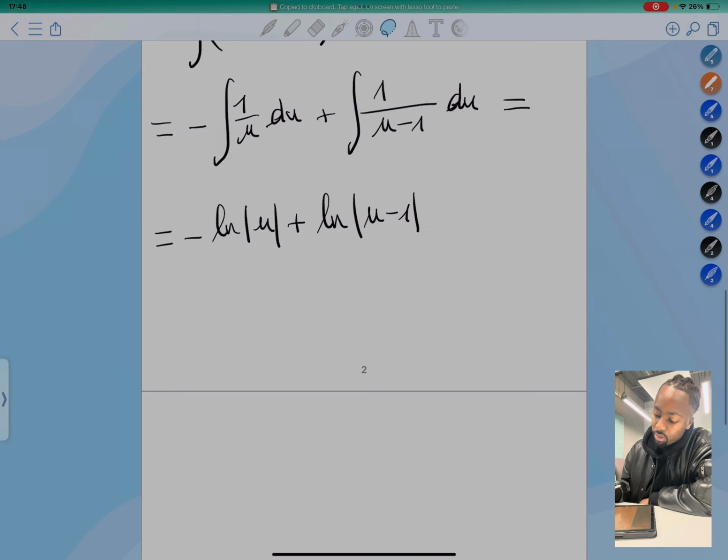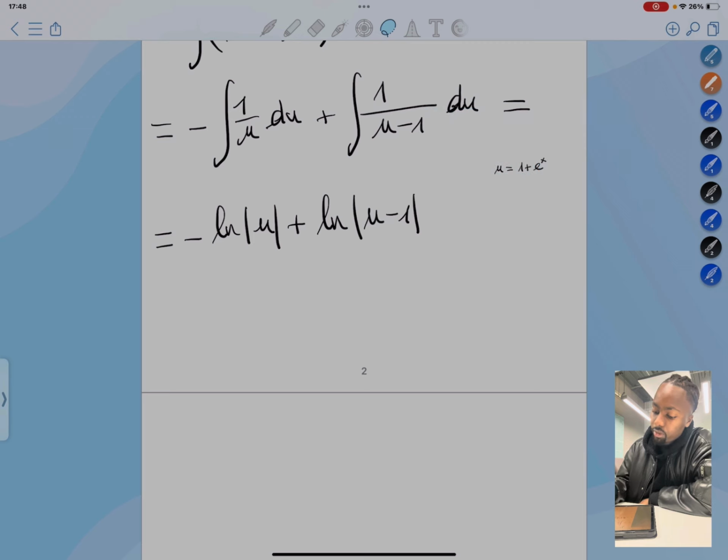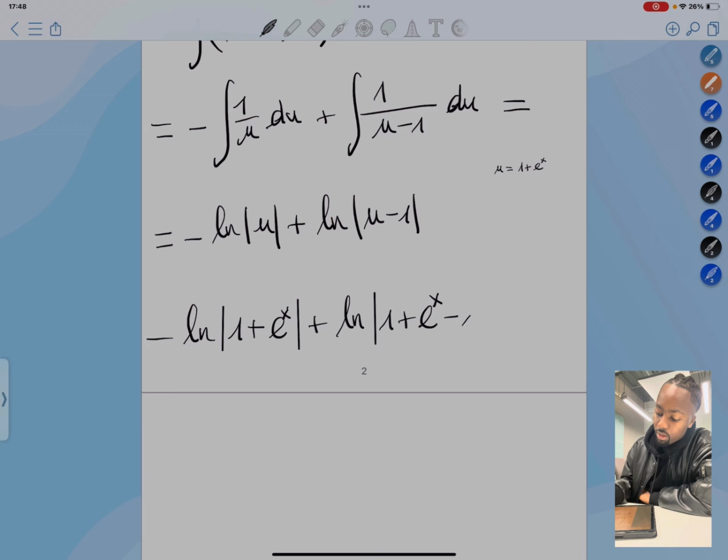So this was the value of our u, if you remember. So we can just substitute back. So if we substitute back, we're gonna have minus ln of 1 plus e to the power x, then plus ln of 1 plus e to the power x minus 1.